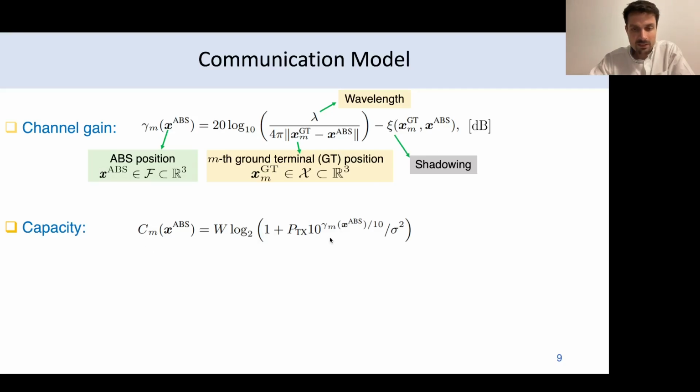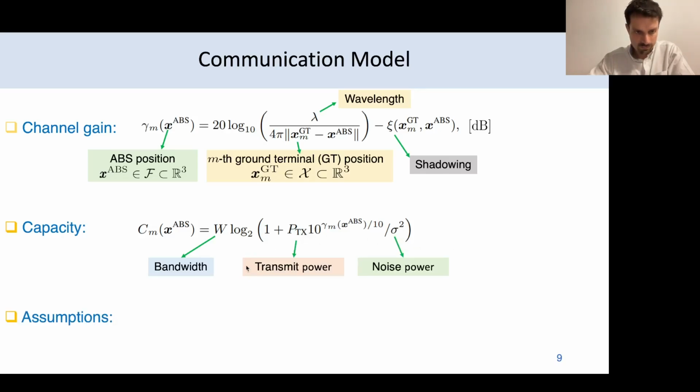The capacity is, as we know, a function of the channel gain. So this here is the channel gain in natural units. This is the bandwidth, this is the transmit power, and this is the noise power.